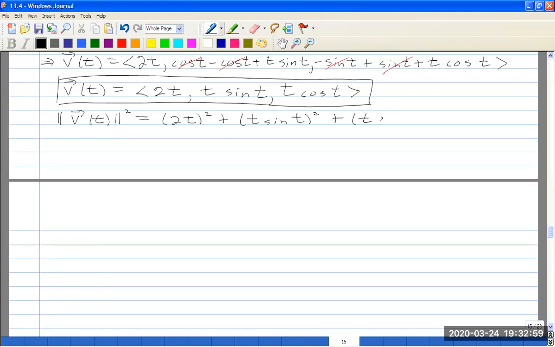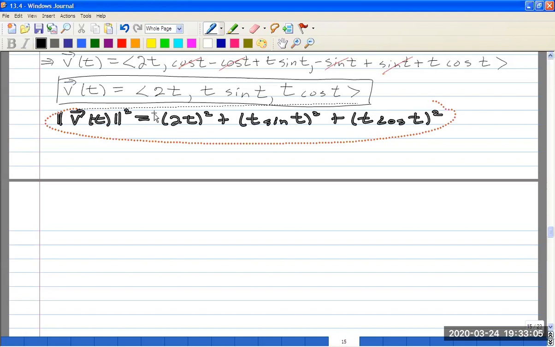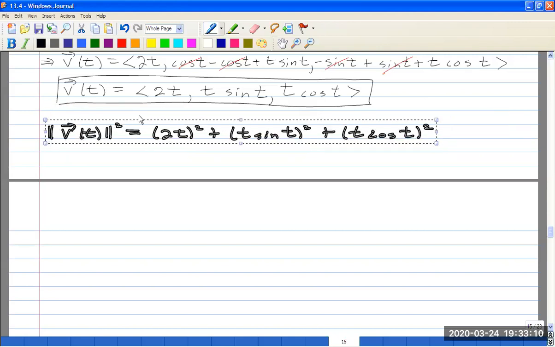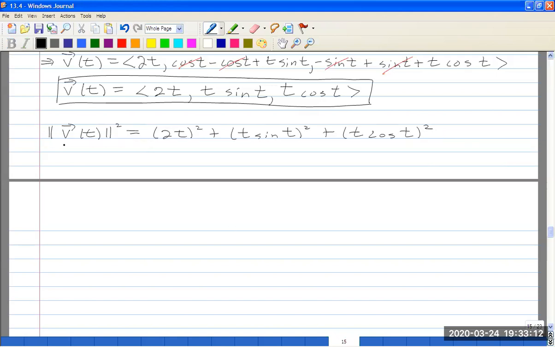Plus t cosine t squared. Get a little more room here. So the speed squared is 4t squared plus t squared.